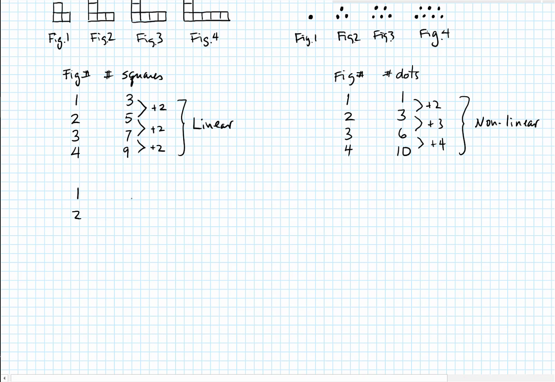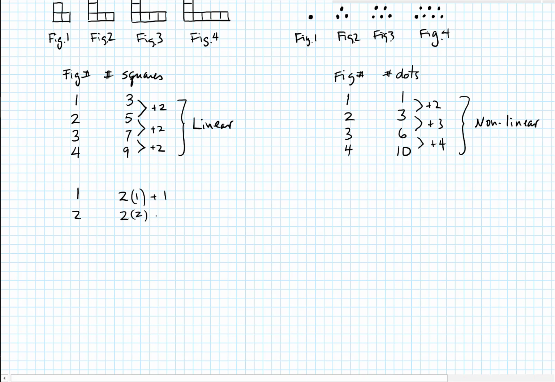Now, one way to represent that is to say that we are adding 2 squares and starting with 1. So in other words, if we could kind of go back to figure 0, we'd really only have 1 square. And then every time, we just simply add 2 more squares.